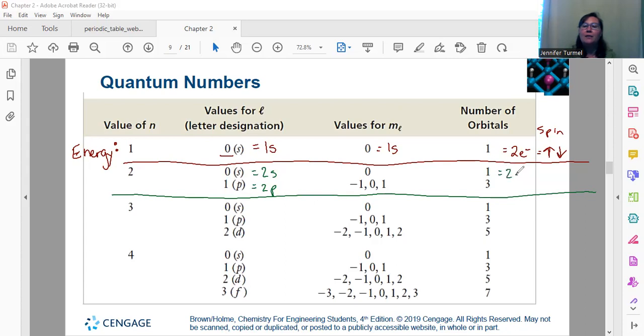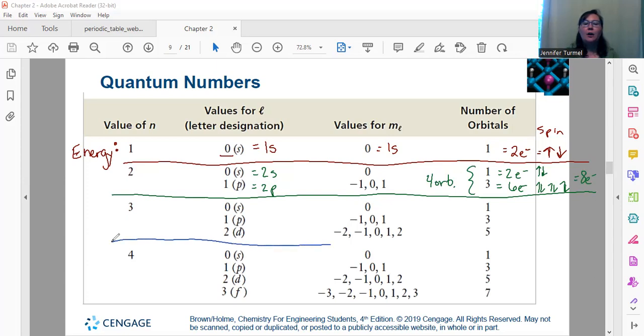That means that we have 2 electrons and 6 electrons, and these would go in up and down, and we've got 6, so it would be 1 2 3 4 5 6. What that means is that you have 4 orbitals in energy level 2, and you can have up to 8 electrons in energy level 2.